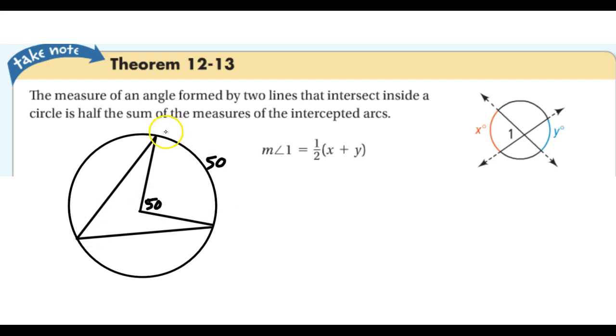If we trace this back, this angle right here is inscribed and it's cutting off a 50-degree arc. And notice it's smaller. This angle is smaller than 50 degrees.